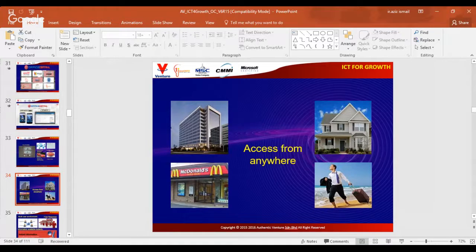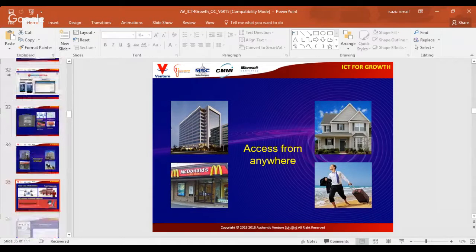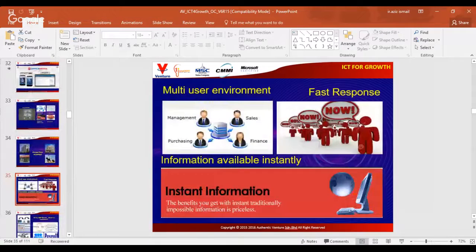Because running a business, you need to have data all the time. You need to give very fast responses to your customers. You must get information instantly, and then share information with your other staff. All this can be done using cloud technology, using Office Central cloud technology.